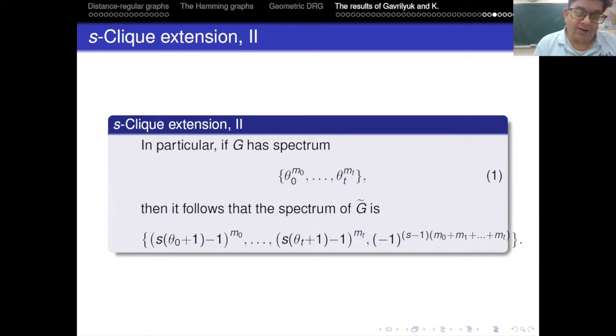It's not exactly true what I say. It's true if none of the theta i's are -1. Otherwise, you have to add to the multiplicity of -1 the multiplicity of -1 as an eigenvalue of T. S times -1 plus 1, -1 is still -1.